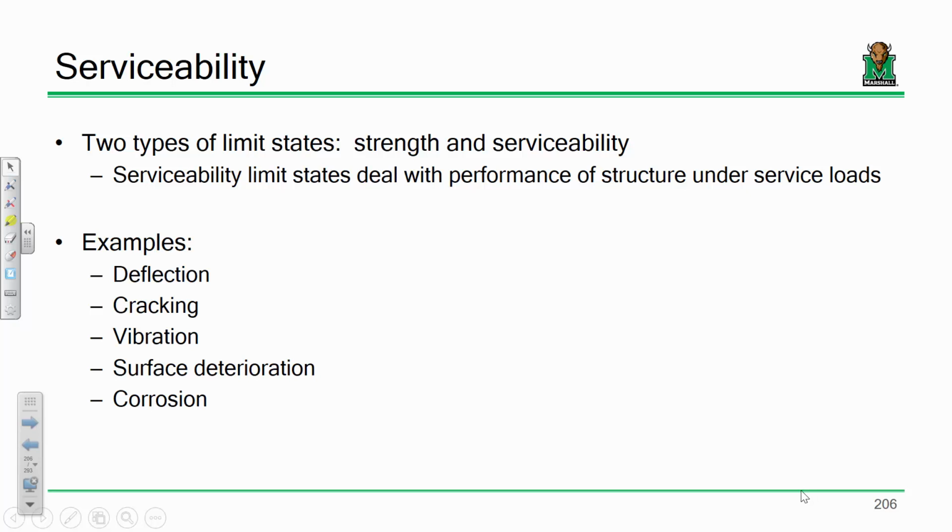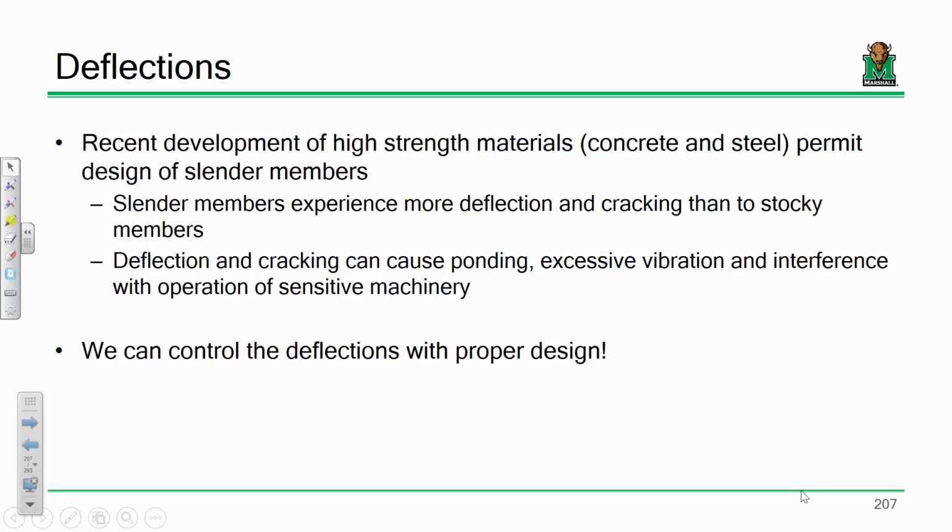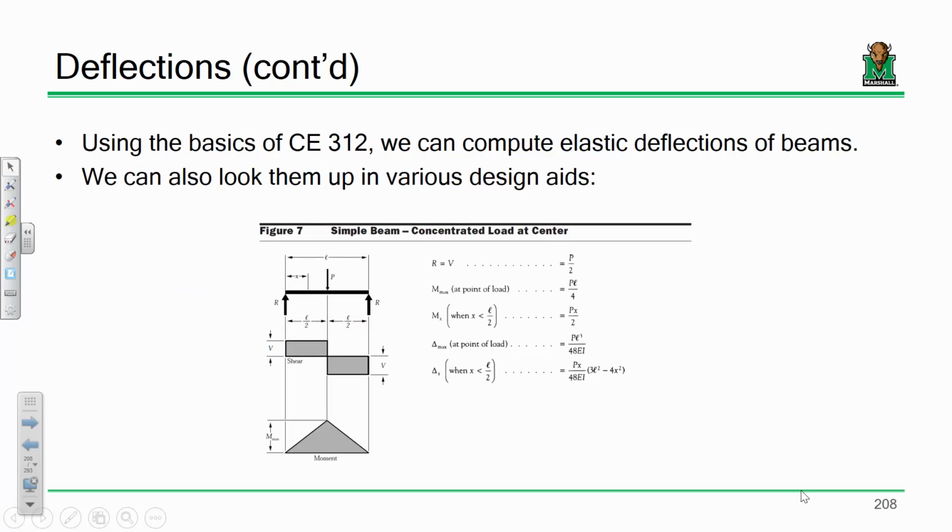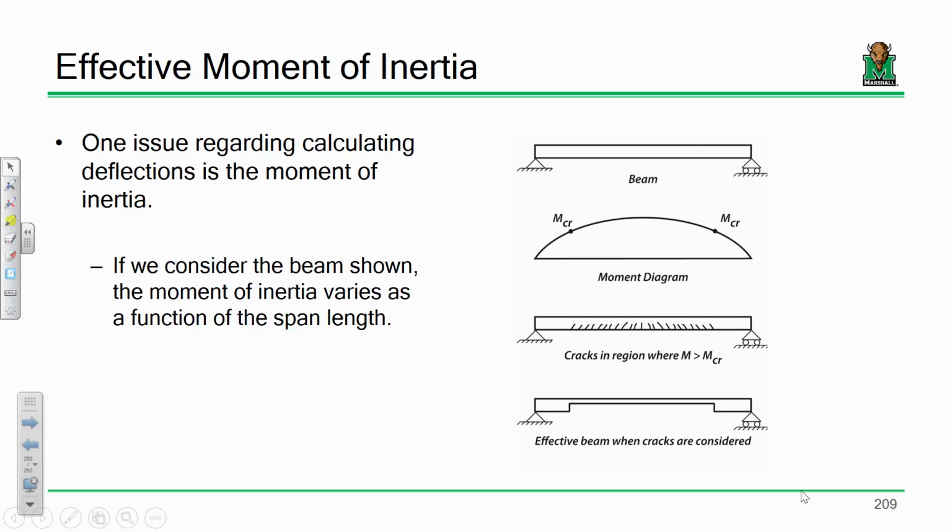It just means that the beam's going to deflect too much, and you might get some cracking or excessive deflection. Now again, you can calculate deflections using virtual work or what I taught you in 312. For the most part in here, we're going to deal with pretty basic loading cases, so the formulas are easy lookups.